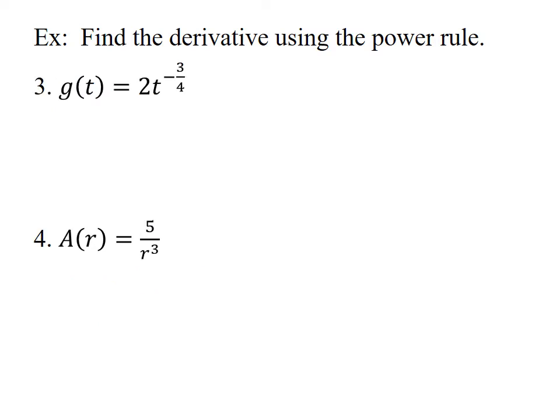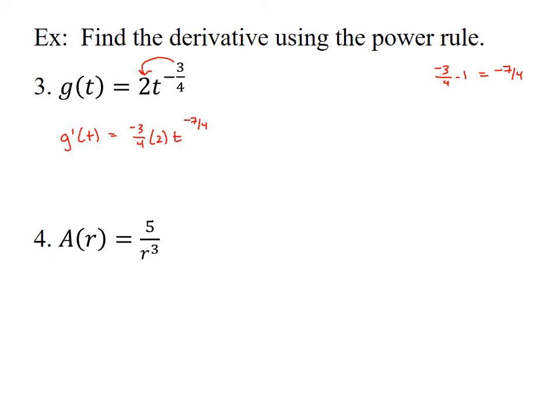All right, so what if you have a couple of special cases? What if negatives and fractions are involved? What about something like 2t to the negative 3/4? If you want to find the derivative of this, so g prime of t, this would be equal to negative 3/4 times 2, t, and if you subtract 1 from the power, negative 3/4 minus 1 is negative 7/4.